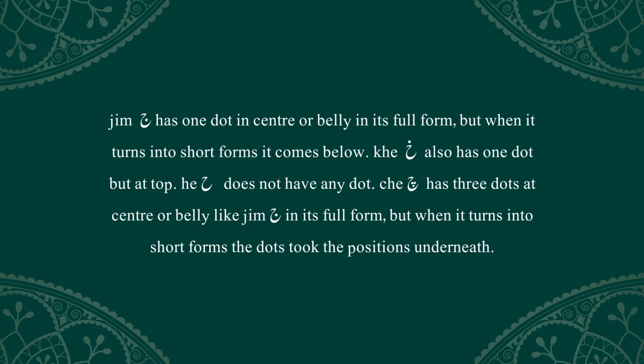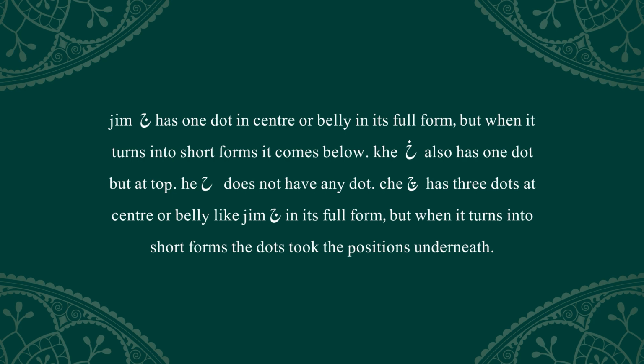Khe also has one dot but at the top. Jim has one dot, that is below, or in full form in the belly. Khe has one dot, that's above or at the top. He does not have any dot. Che has 3 dots at center or belly like Jim in its full form.